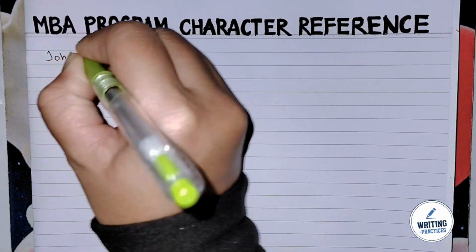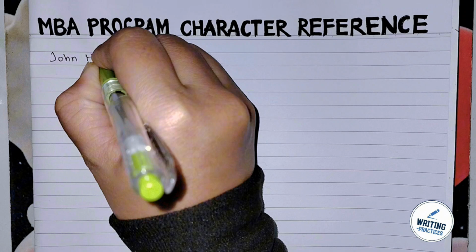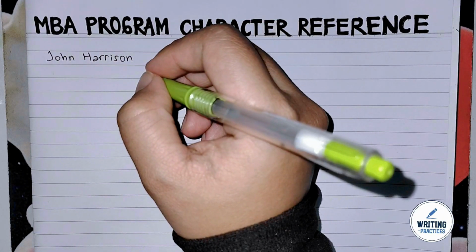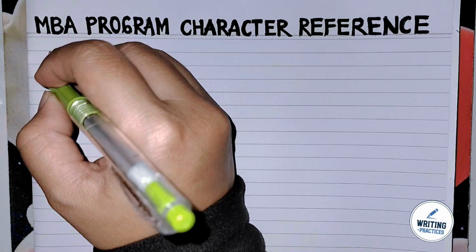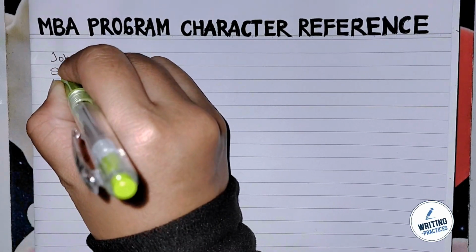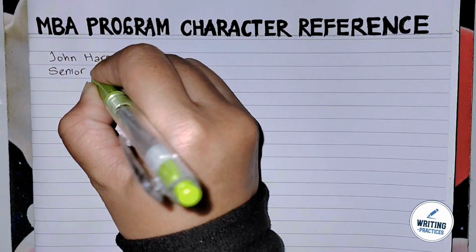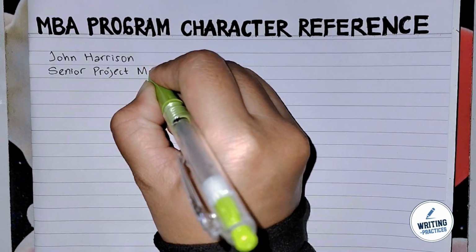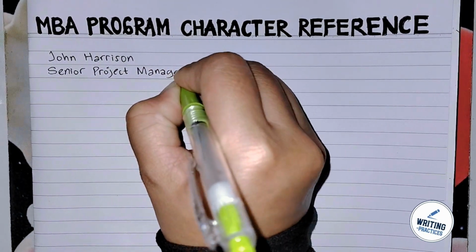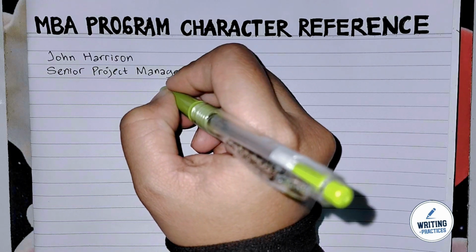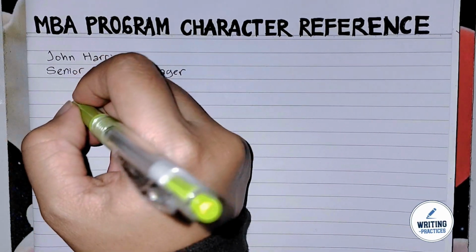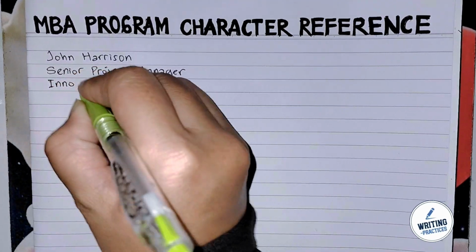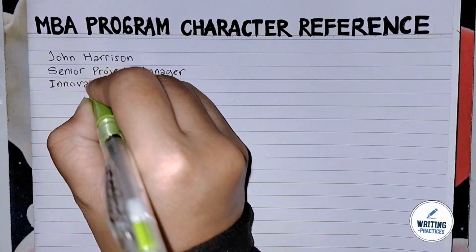Today, we are going to learn how to write an MBA program character reference letter. What is an MBA program character reference letter? It is a formal document, written by someone who knows the applicant in a professional or personal capacity, such as a supervisor, manager, professor, or mentor. The letter serves to vouch for the applicant's character, leadership potential, and professional abilities, providing insight into their suitability for an MBA program.